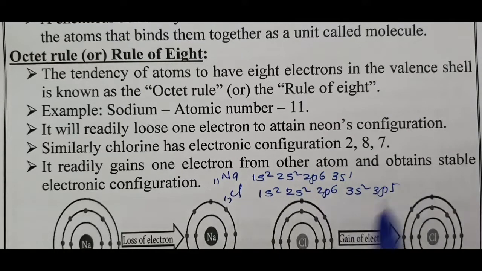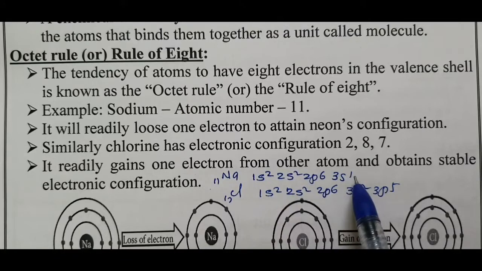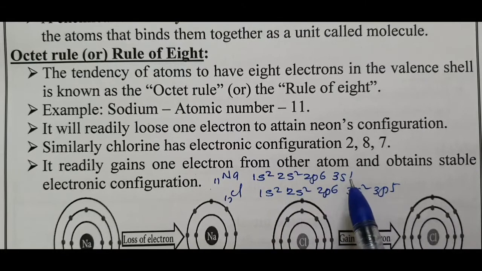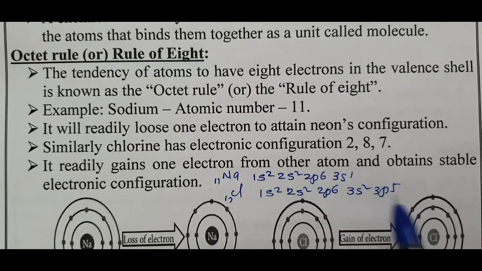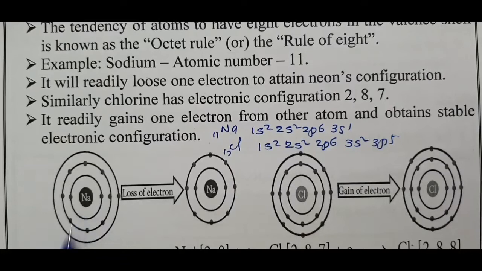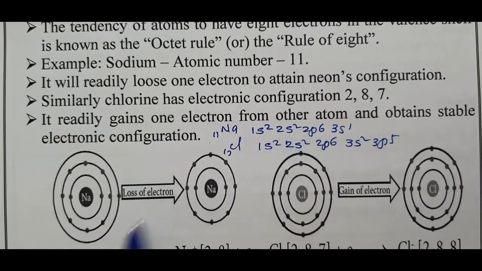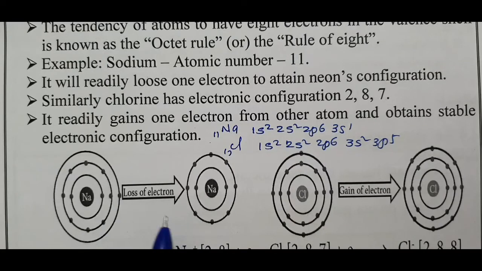The outermost cell of chlorine contains 7 electrons, the outermost cell of sodium contains 1 electron. Sodium lost 1 electron and chlorine gained that electron. In the sodium atom, the first cell has 2 electrons, the second cell 8 electrons and the last third cell only 1 electron. And this is for chlorine, 2, 8 and 7 electrons.